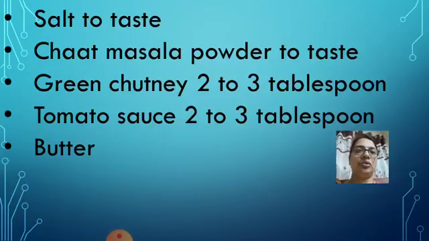Then we'll need salt to taste, chaat masala powder to taste, green chutney 2 to 3 tablespoons, tomato sauce 2 to 3 tablespoons and butter. So these are all the things we need to make a healthy veg sandwich.